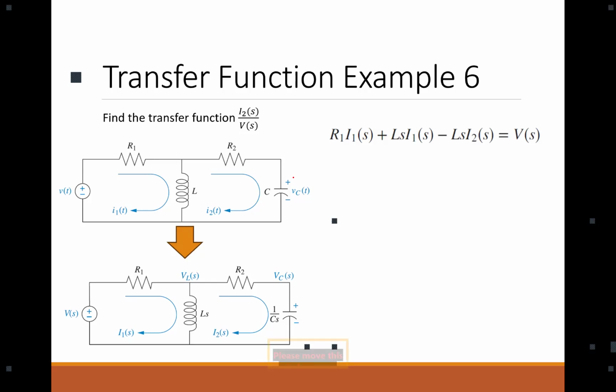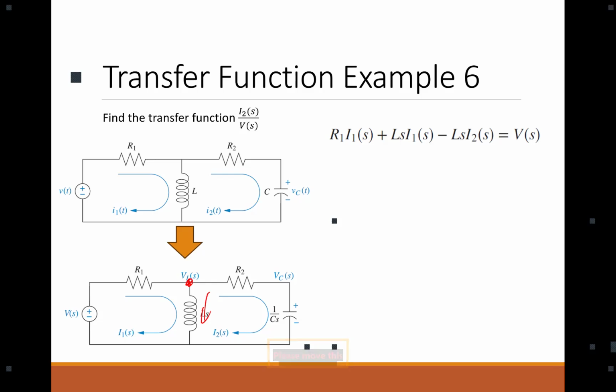Now, one KVL is going to give us R times the first current, plus, this is KVL, Ls times that current, minus, this is a KCL again, so the current in L, if you run a KCL here, is going to be I1 minus I2. Is that clear?